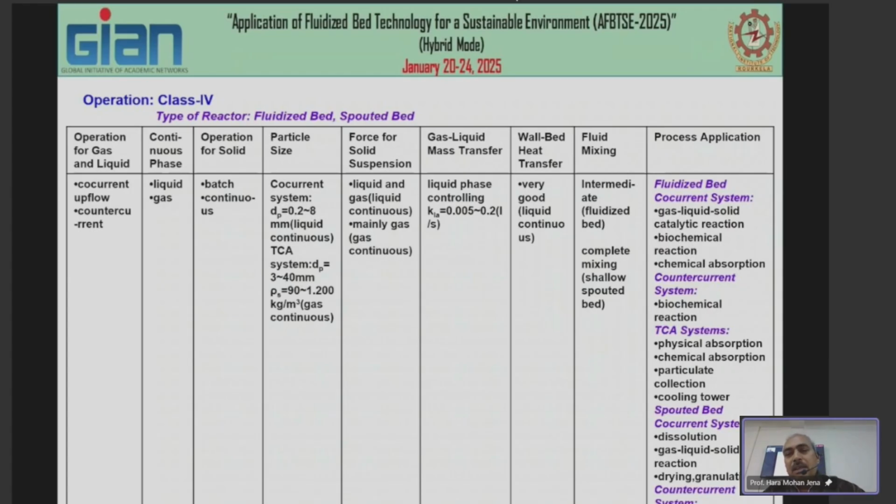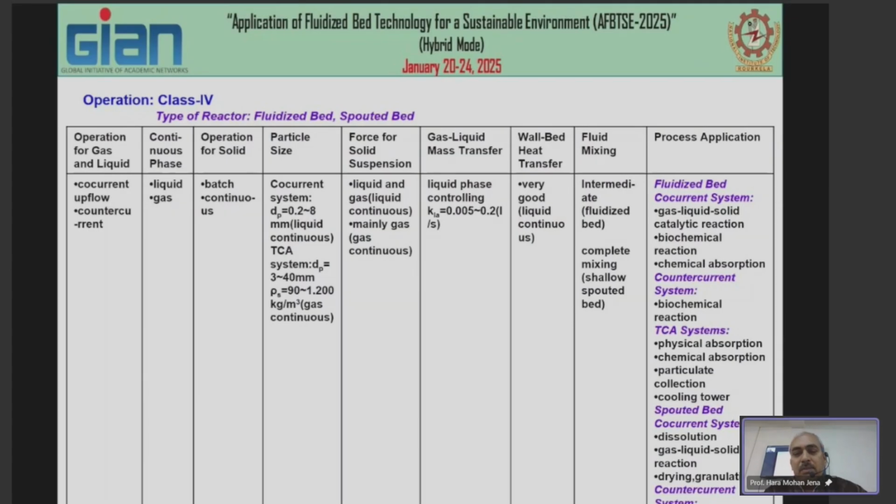Process applications, fluidized bed co-current system: gas liquid solid catalytic reaction, biochemical reaction, chemical absorption. Counter current systems: biochemical reaction. Turbulent contact absorber: physical absorption, chemical absorption, particulate collection, cooling tower.